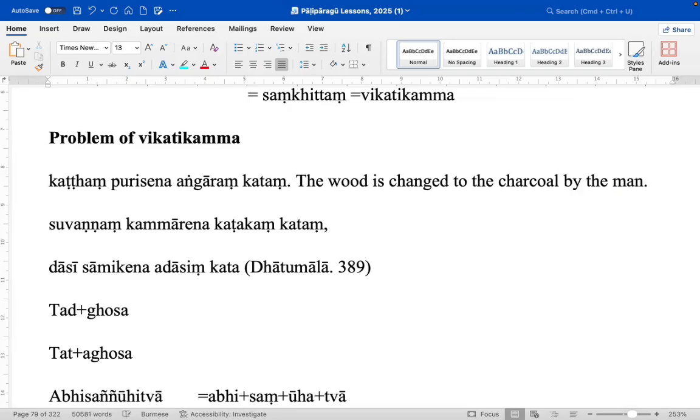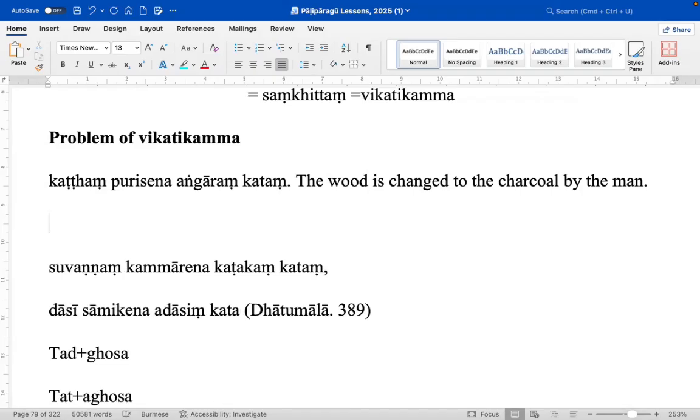So it looks like Kattan has two objects. The original sentence means the active sentence: Puliso Kattan Ankaran Karoti. This is the original sentence. This active voice sentence is changed to the passive voice sentence.